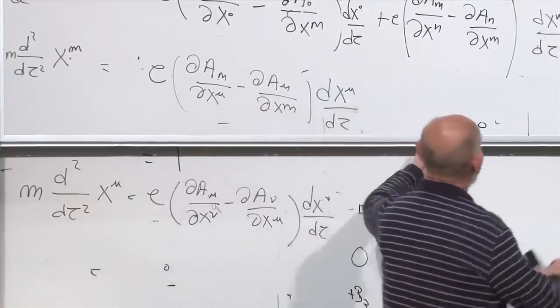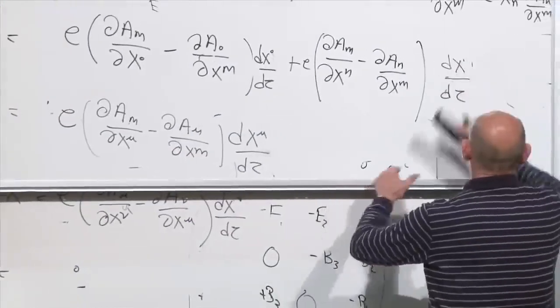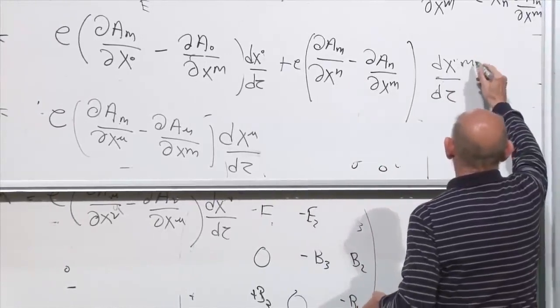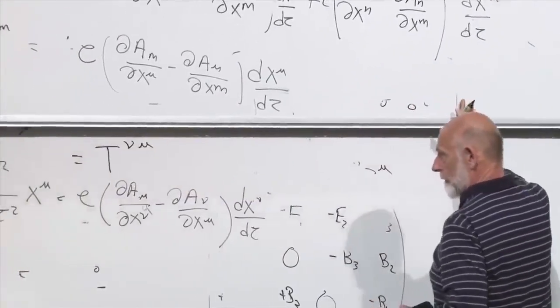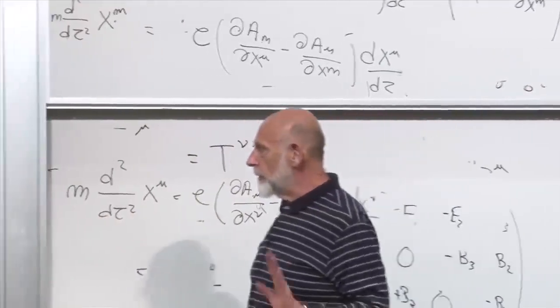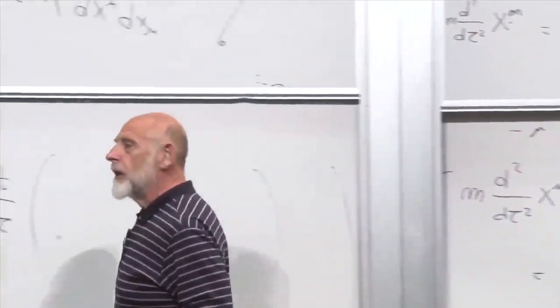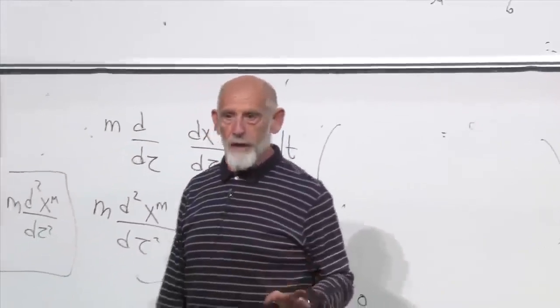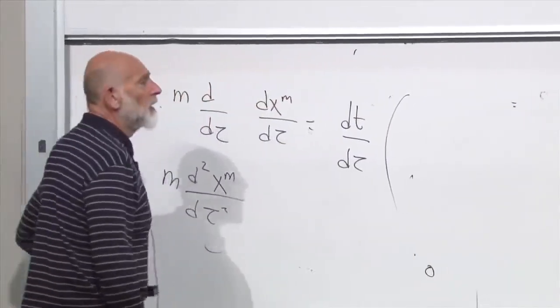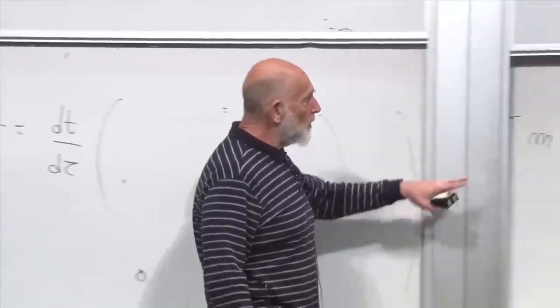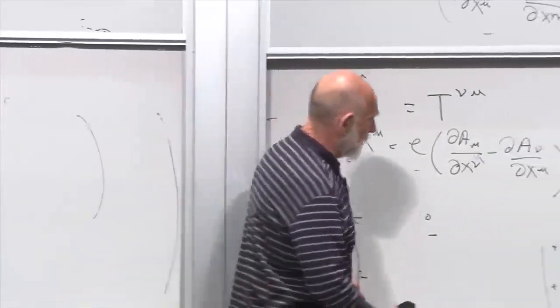I think I should have x in here. All right. Let me write that equation down again. Your homework is to go home and derive the following equations. Let's just rewrite it. Here it is.